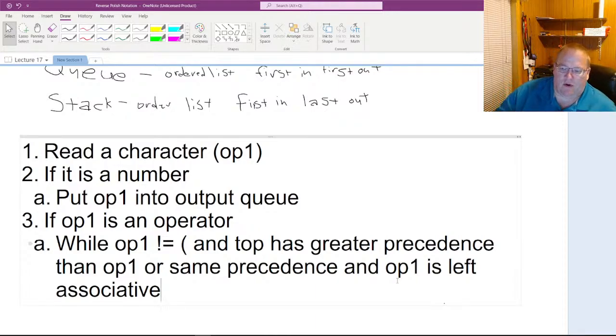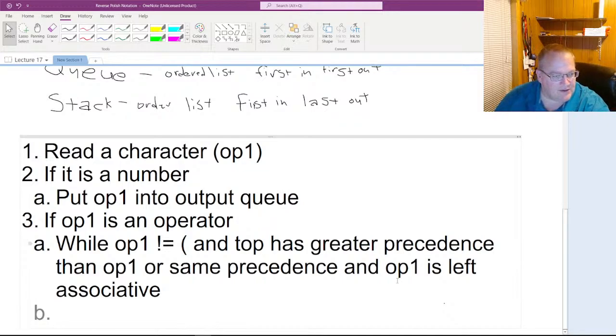So what we're seeing is a plus symbol or a minus symbol on top, and since the new one we're looking at is left associative, we don't need to do anything. We're going to skip this part, and I'll explain that. You're going to understand it, I think, once we get through the whole thing.